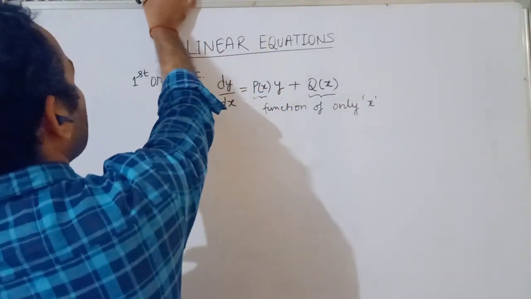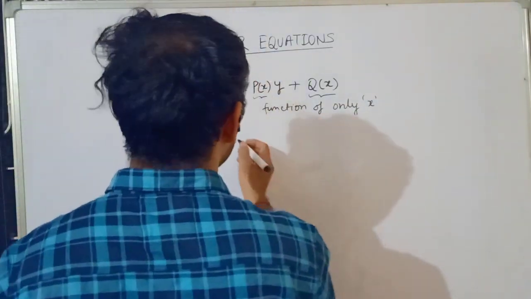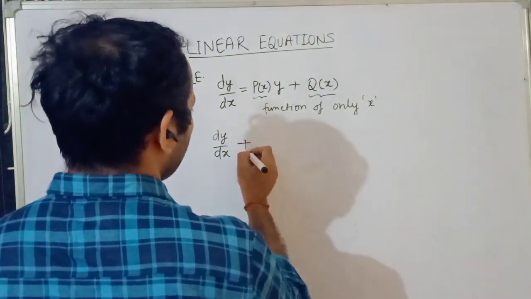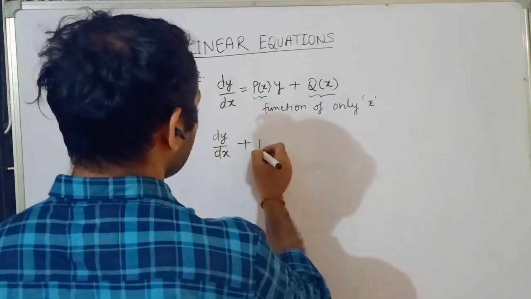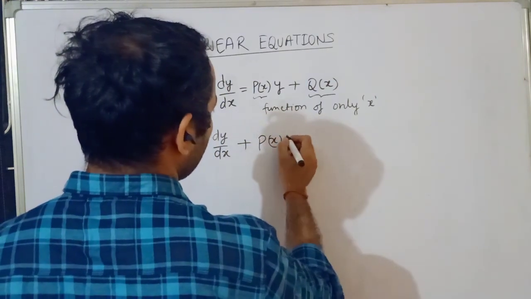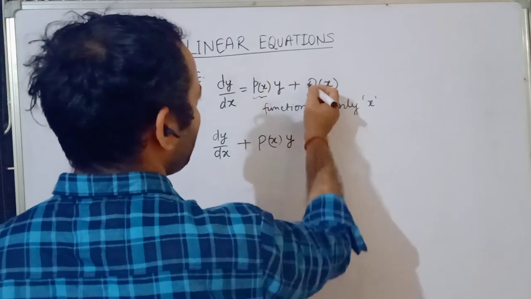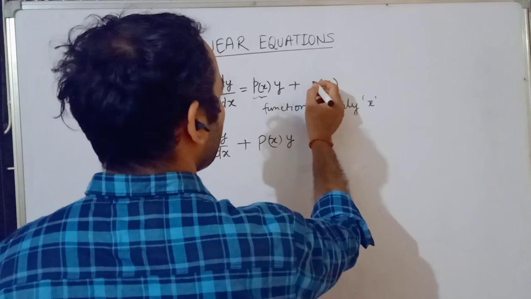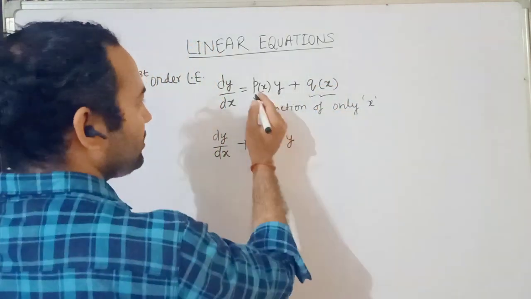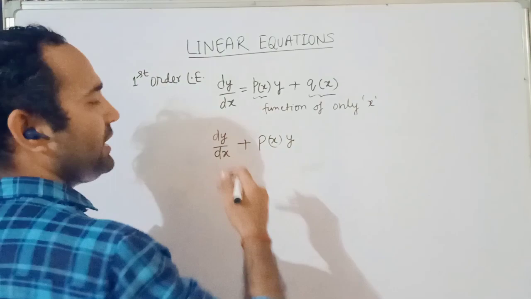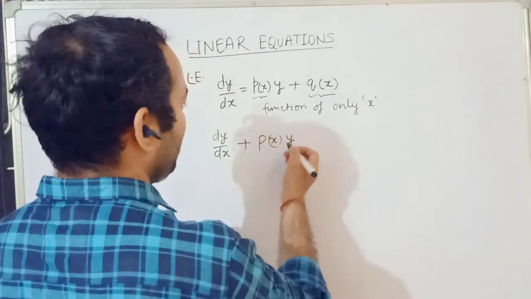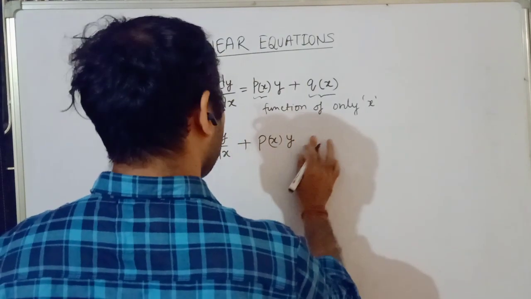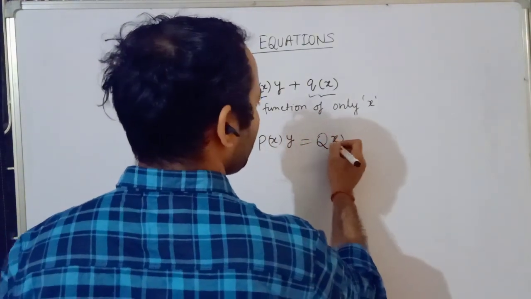The first order differential equation you can write as dy by dx plus p(x)y. Let me call it a small p and this a small q, just a way of representation, so that if I take this to the left hand side I don't have to write a minus sign. So this is capital P(x) equal to capital Q(x).